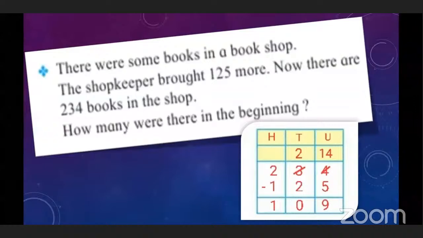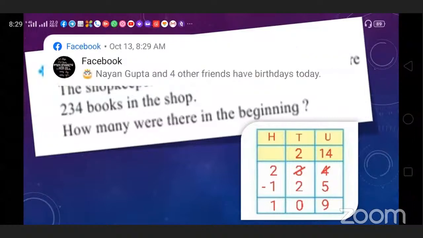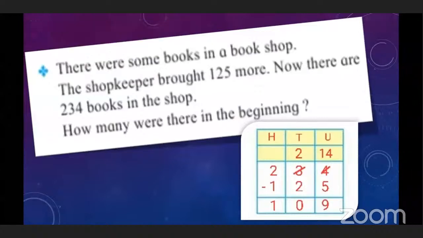If we subtract 125 from 234, at the unit place we cannot subtract 5 from 4, so we borrow 1 from the tens place. Then we get 14 minus 5, and our answer will be 9 at the unit place. 2 minus 2 will be 0 at the tens place. And we can easily subtract 1 from 2 at the hundreds place.